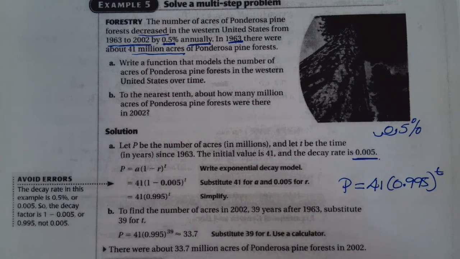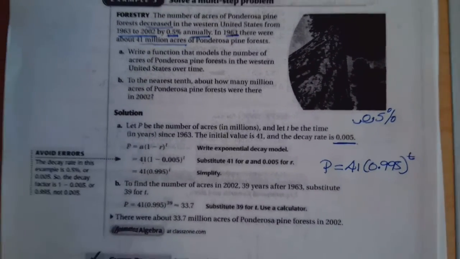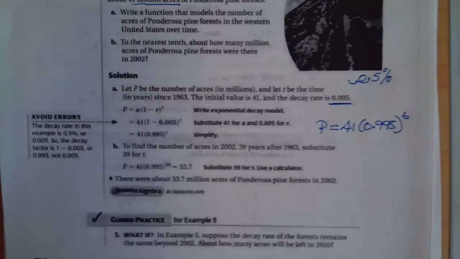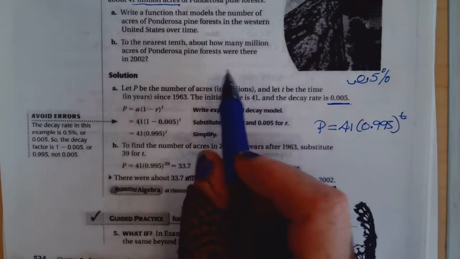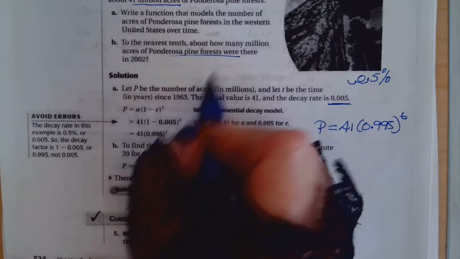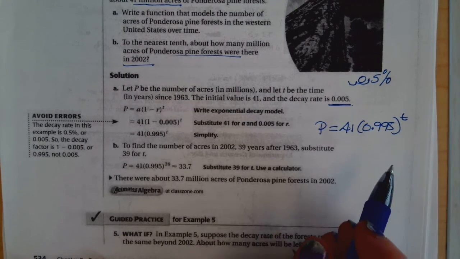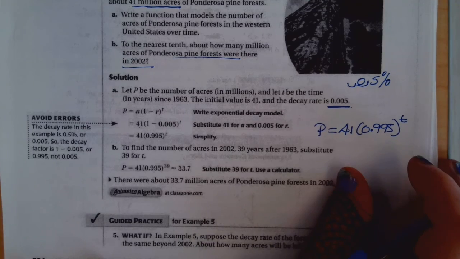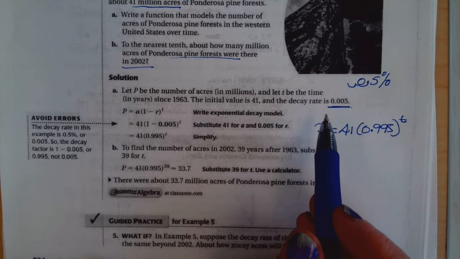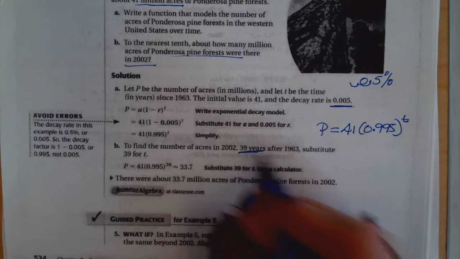Then part B, to the nearest tenth: how many million acres of ponderosa pine forest were there in 2002? You have to count between 1963 and 2002, so you need the time, and that's 39 years.